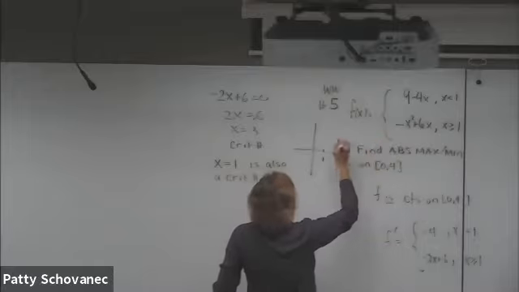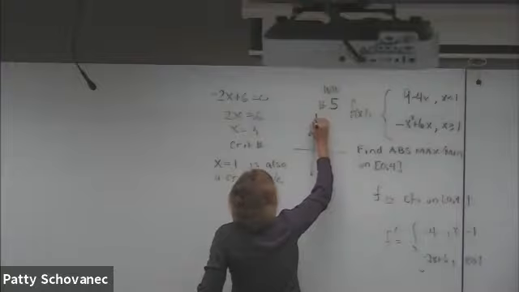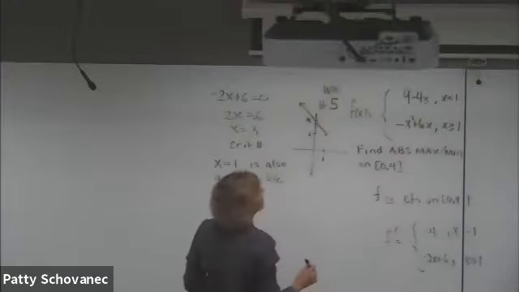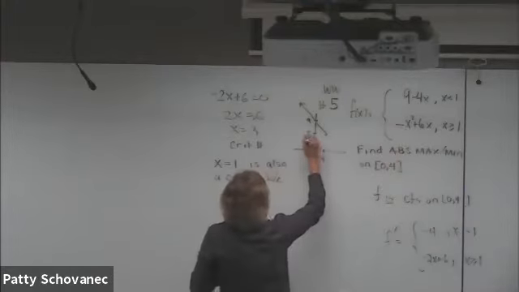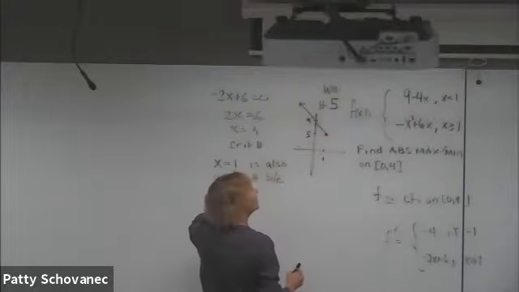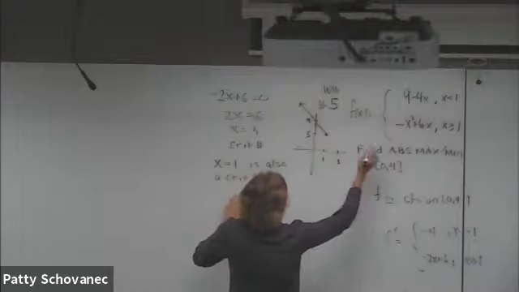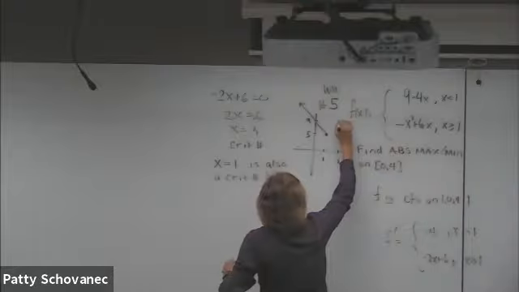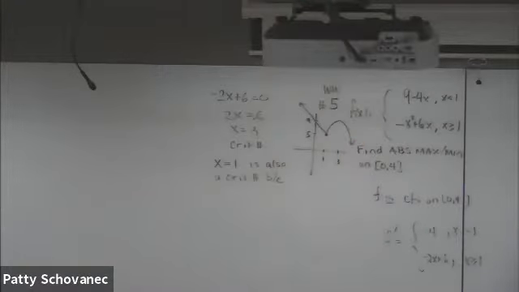We said they both go through 5. So here's 1, 5. And then that one goes through 9. And it looks something like that. That's this piece. Then I've got a piece of a parabola that when x is 3, it's 9, and it looks something like this. Right, so there's no derivative at a sharp corner.